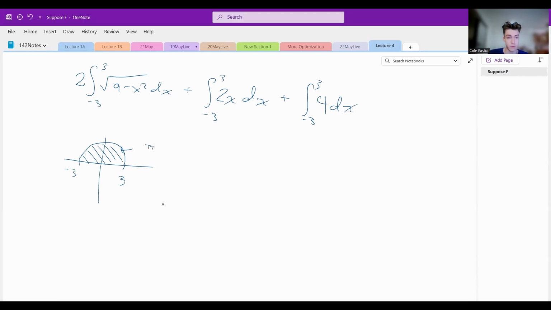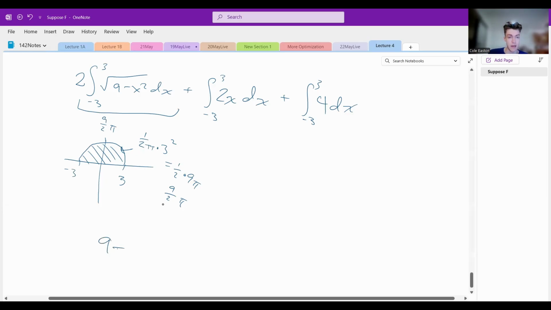So the area of a circle would be pi times 3 squared, but this is only half of a circle, so we have to put a 1/2 in front of it. So that's going to be 1/2 times 9 pi, or 9/2 pi. And so this part is 9/2 pi. And then we're multiplying by a 2. So overall, that first part gives us 9 pi.